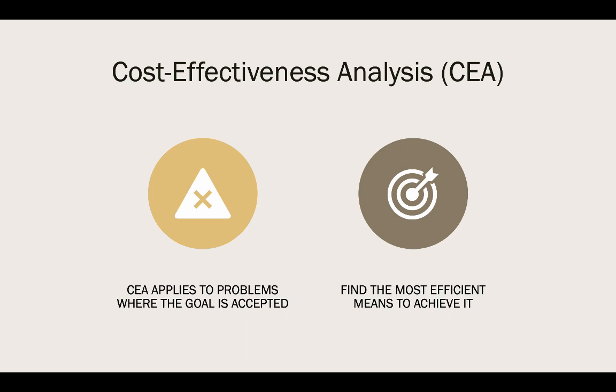We'll talk about cardiac arrest, arrest saves, ROSC rates, cardiac arrest protocols. So we're going to do that. We are going to treat cardiac arrest patients, and hopefully we are going to resuscitate them, so the goal is accepted. So what is the most efficient way to achieve it from a financial standpoint?